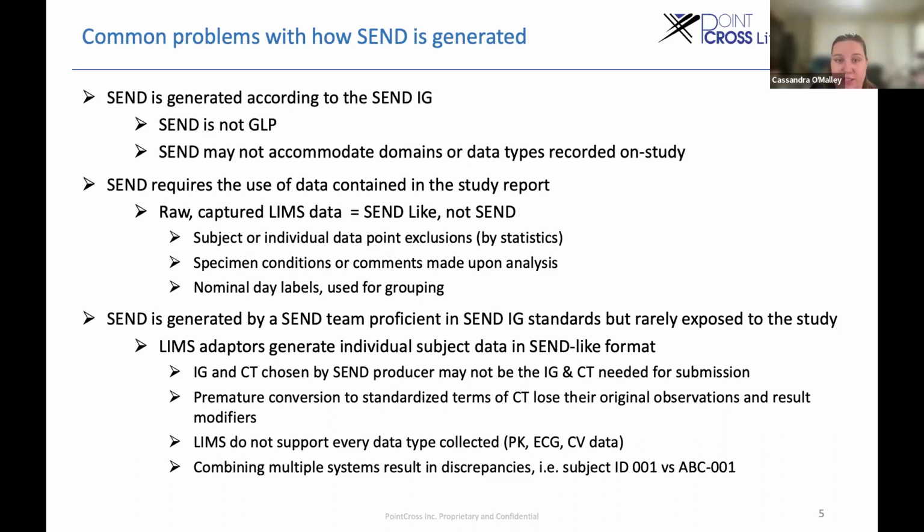These can all be done at different test sites as well. When you combine these from the multiple systems, there can be discrepancies anywhere from the differences in subject identifiers, such as using alphanumeric versus just numeric, to completely different terminology that's being used for the same findings, and that's seen in the macroscopic and microscopic findings domains.